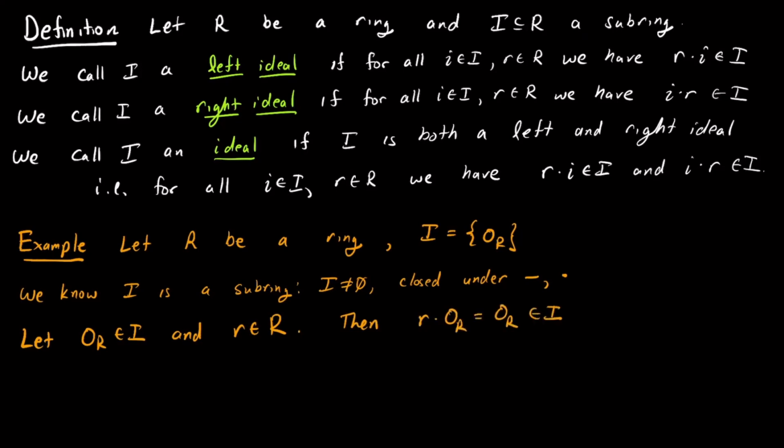So that's inside of I. So I have that I is a left ideal because I'm using left multiplication by r. And I know that 0 times r is equal to 0, which is also an element of I. So I have that I is a right ideal, right? So I could say, hence, I is an ideal. Okay, so this is kind of a trivial example of an ideal.